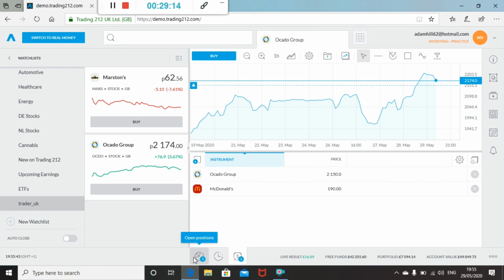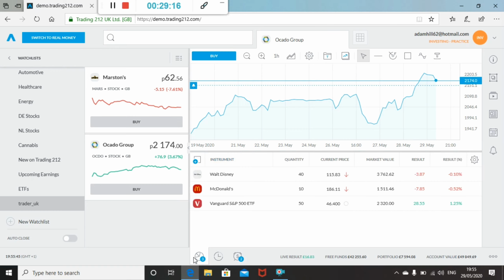So if we go back to our portfolio, our open positions, in here it will display the name of the product that you have under the title Instrument, so Walt Disney with their logo there, the quantity of shares that you hold under quantity, the current price, that's the price in dollars or in the currency that the stock is held, an indication of its movement for the day, so Walt Disney is down today.